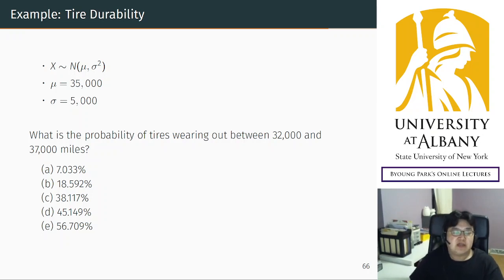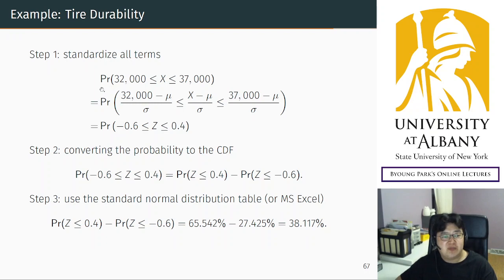Hello. So at the end of the last video, I gave you this question. What is the probability of tires wearing out between 32,000 and 37,000 miles? So we need to calculate this probability. And as you know, we are going to transform x into z. So you don't need to touch this term, but you have to transform the other numbers in the same way.